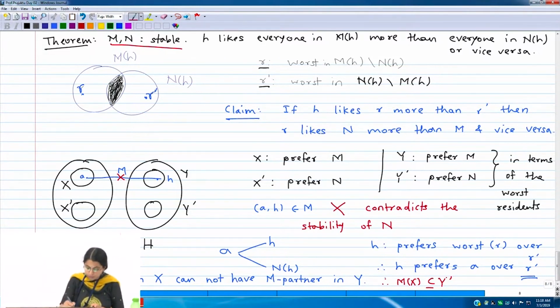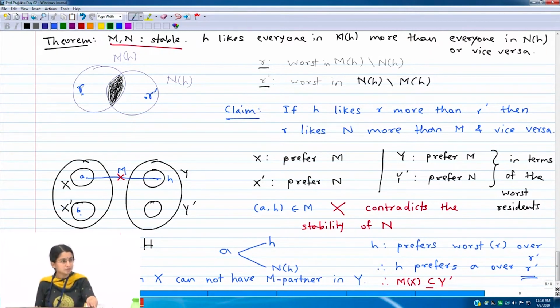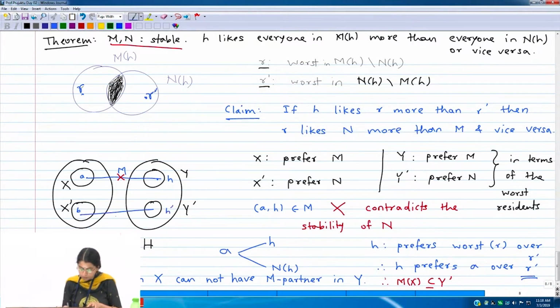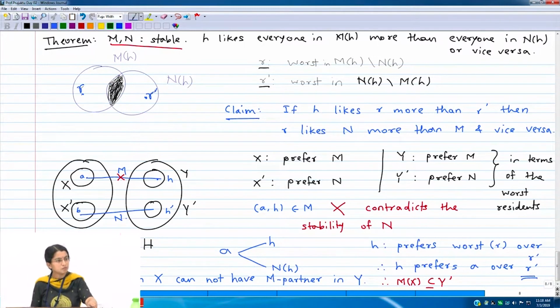Now similarly, where can the N partners of these people be? So say B is in X prime, where can B's N partner be? Can B's N partner again be in Y prime? No, right? So why?